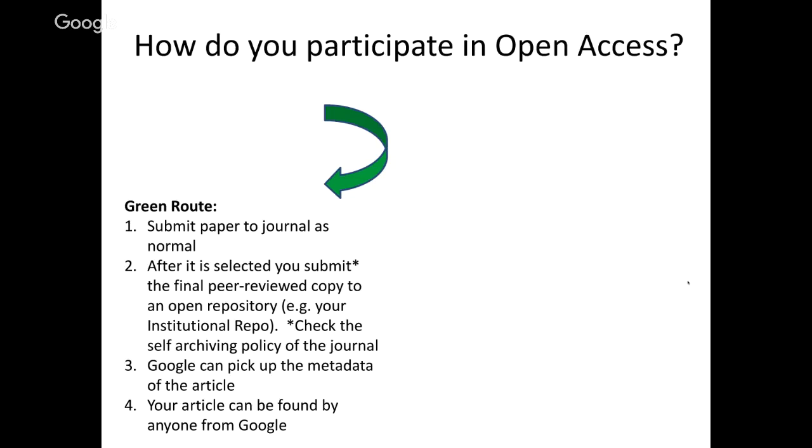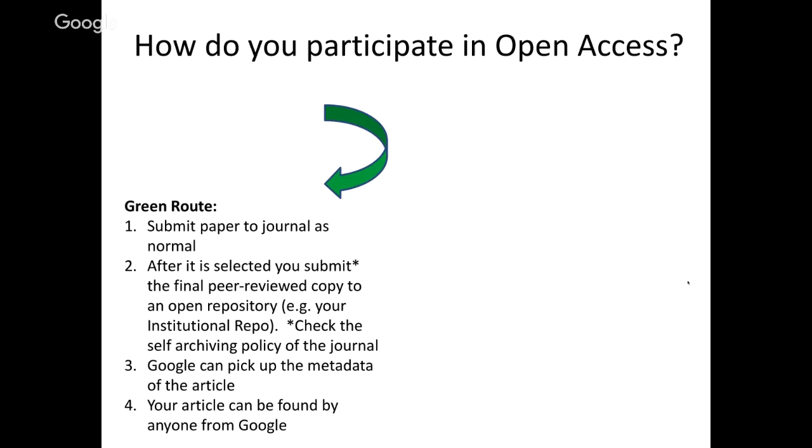In the green route, you go as per normal. The first step is to submit your paper to a journal. This could be a subscription journal. The second step, once your paper is accepted into the journal, is to submit the final peer-reviewed copy to an open repository. This could be your institutional repository or another subject-based repository.